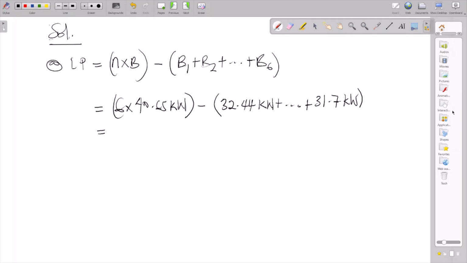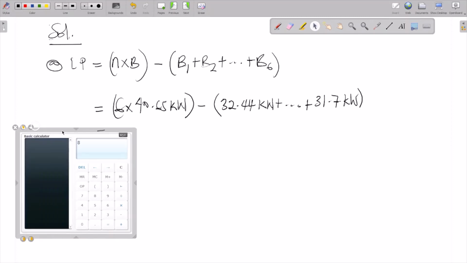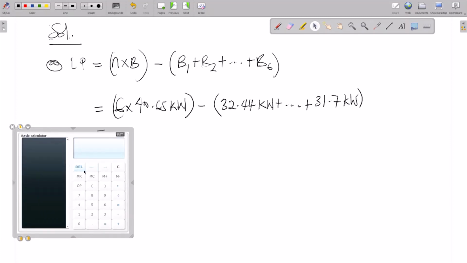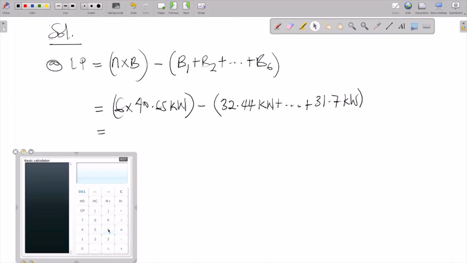Now let's put this into our calculator and see. So we have 6 multiplying 40.65 kilowatts.